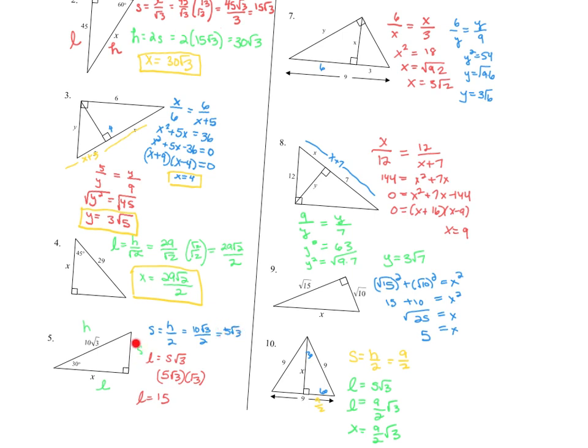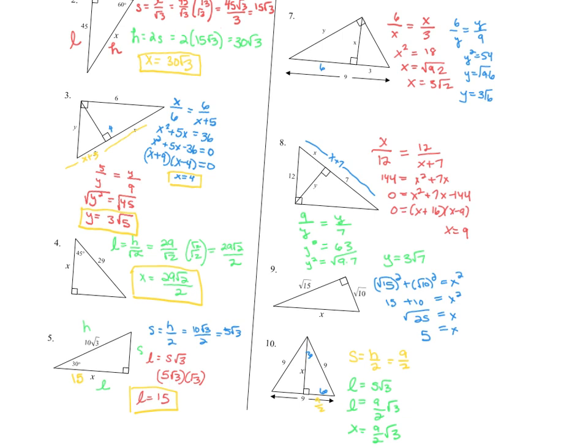Now that is the short side, and we were looking for the long side, so the long side is the short side times the square root of 3. And so when I do that multiplication, I end up with the long side, which is our x in this problem, is equal to 15.